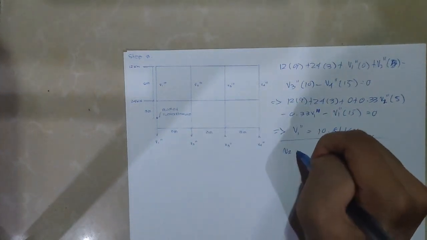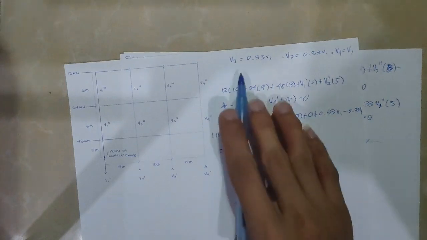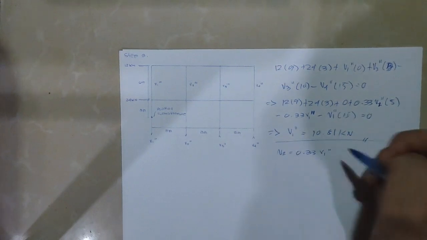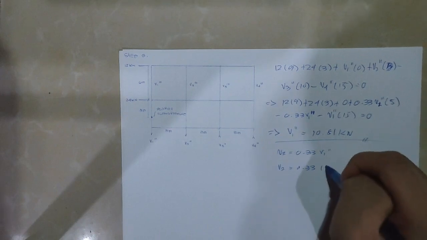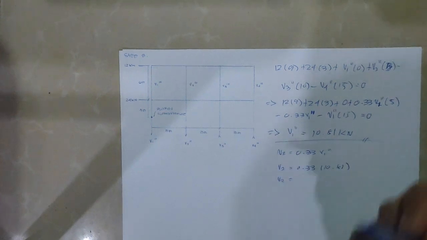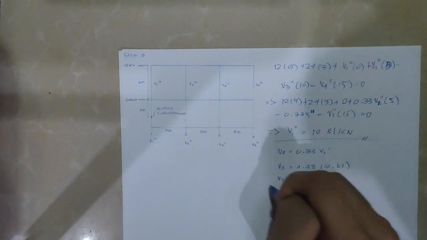So V2 is equal to 0.33 V1 double prime. So V2 is equal to 0.33 times 10.81, which is 3.57 kilonewton.